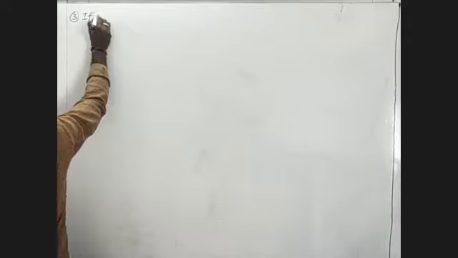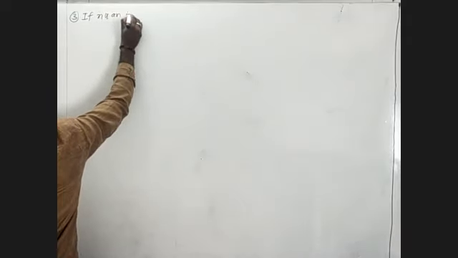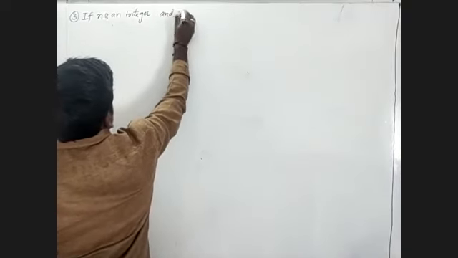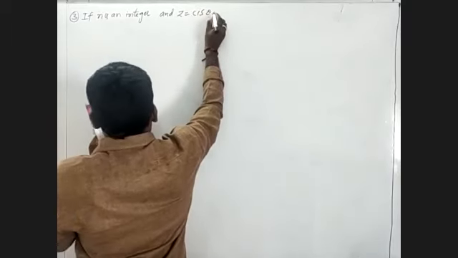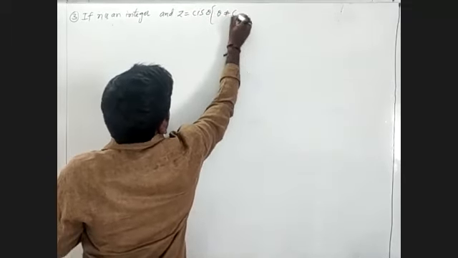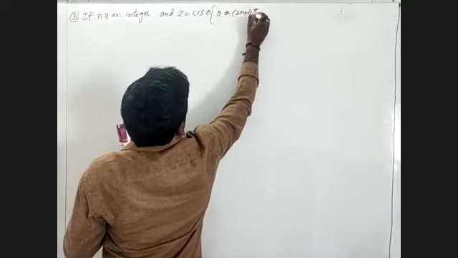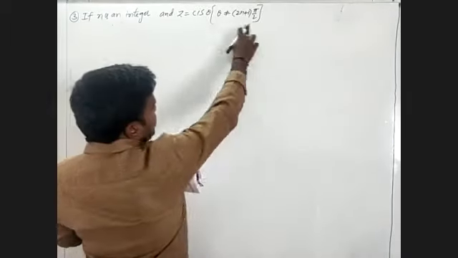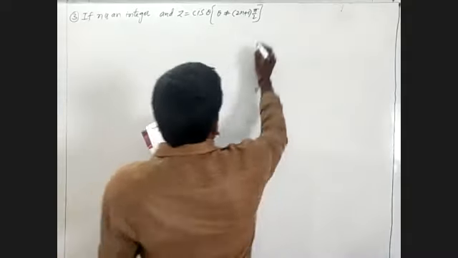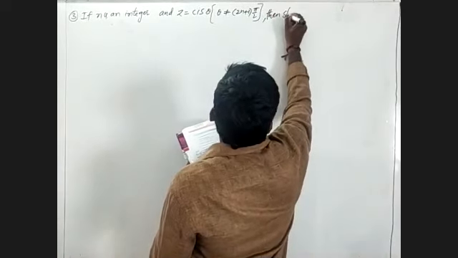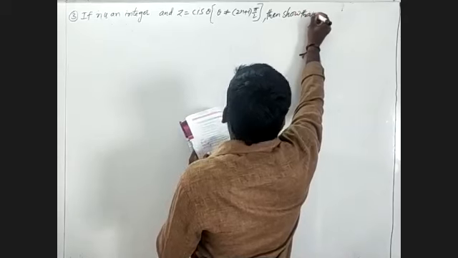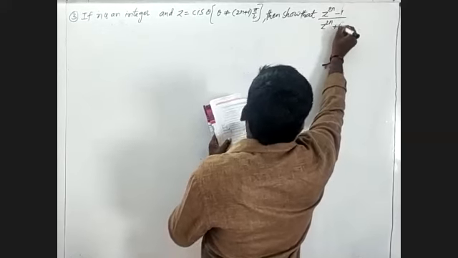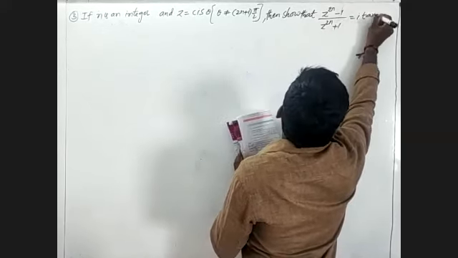If small n is an integer and z is equal to cis theta, and theta does not equal (2n plus 1) into pi by 2, that is, theta does not take an odd multiple, then show that z power 2n minus 1 by z power 2n plus 1 is equal to i tan n theta.